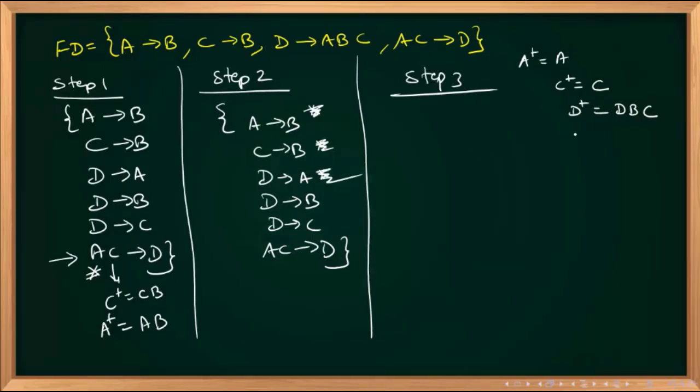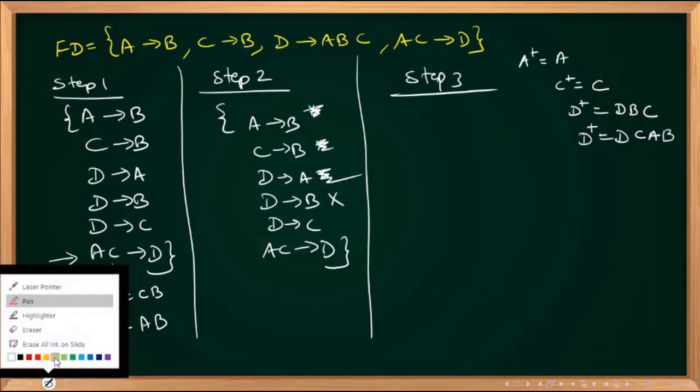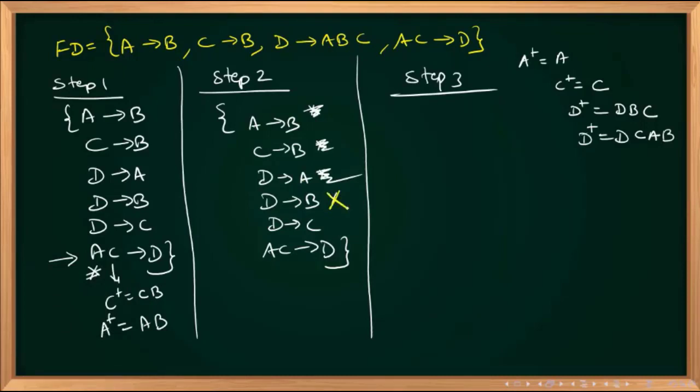Now I'll check whether I can remove D to B or not. Again, the D closure is there. Assume that it got removed. With the help of all the other remaining functional dependencies, take the D closure. So D, C, and AC gives B. I am assuming that this got removed, and I am taking the closure of D in the remaining functional dependencies.